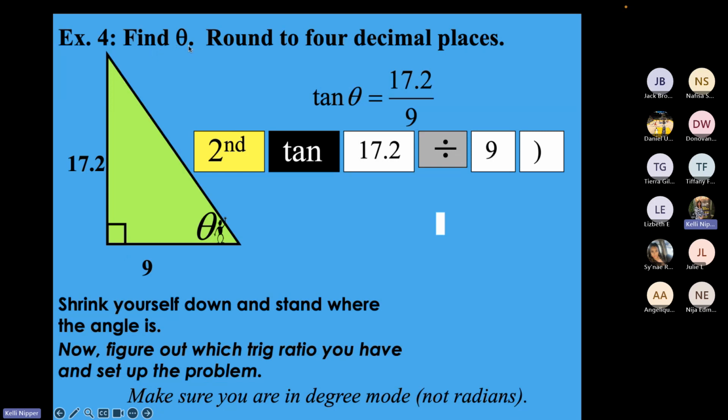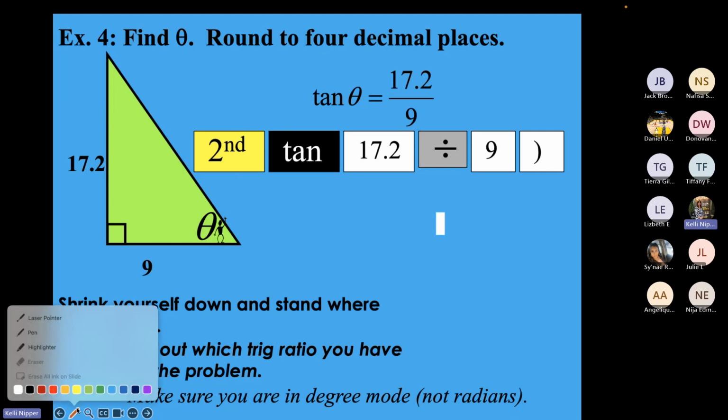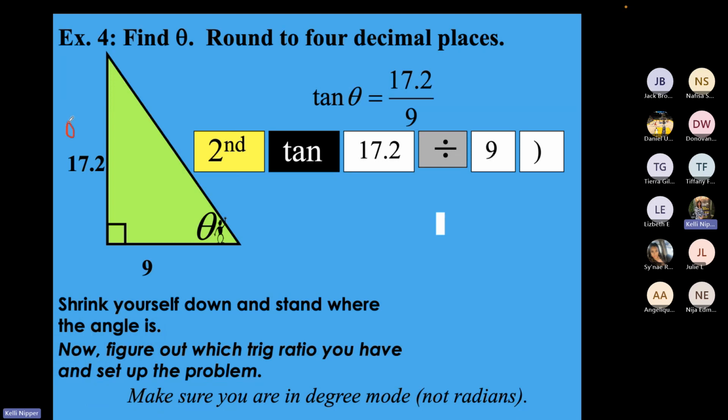So finding theta and rounding to 4 decimal places. Because we were given the opposite, this one here, and the adjacent right here, and we were not given the hypotenuse, our best ratio would be either tangent or cotangent.